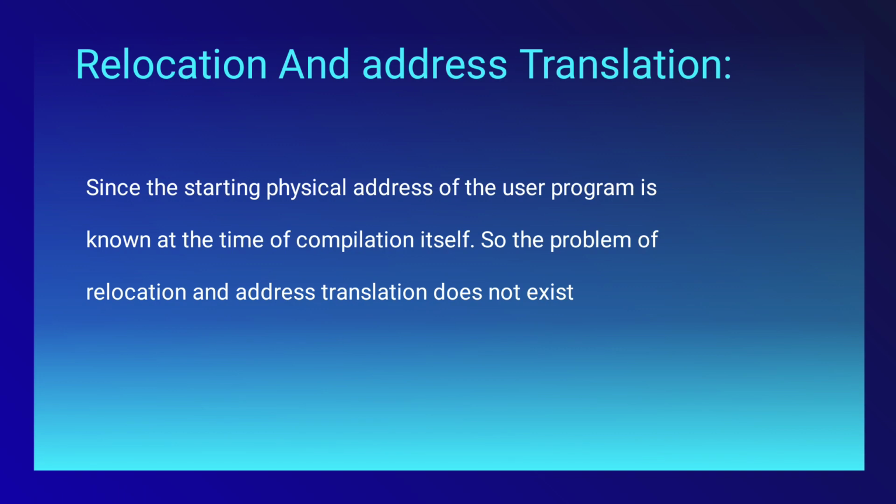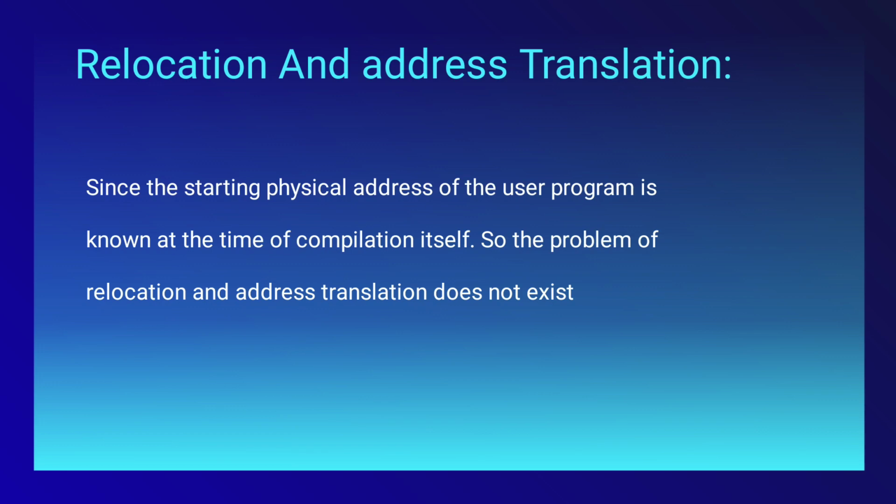Up to now, we have recalled how single contiguous memory management works. Now we will see how relocation and address translation occur. In single contiguous memory management, the starting physical address of the user program is known at the time of compilation itself. If the address is less than the fence register, it is part of the OS part.